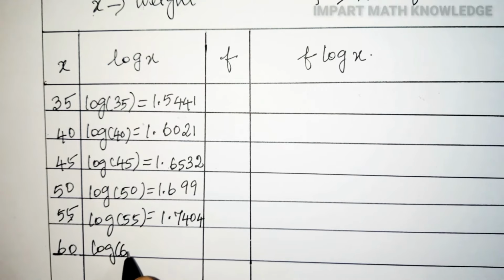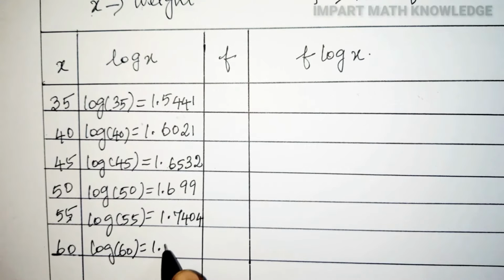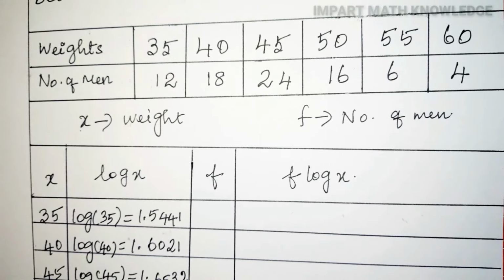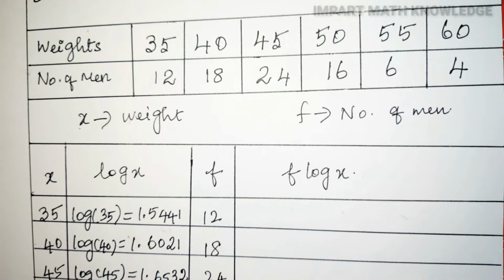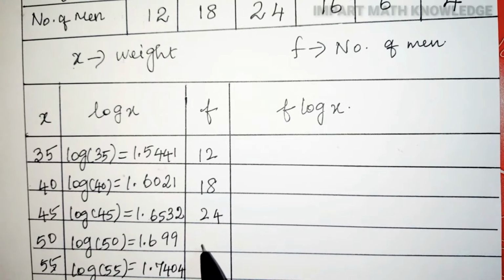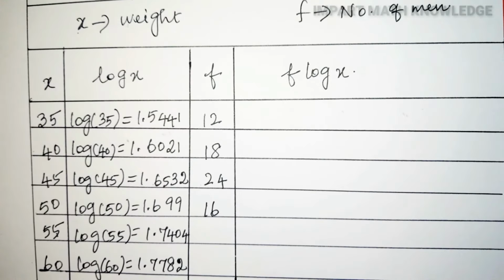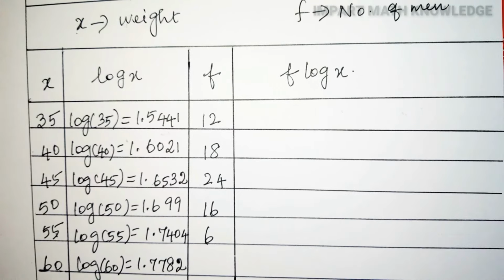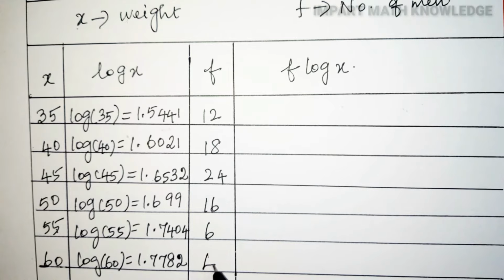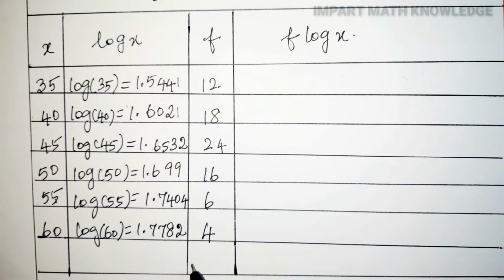Log 60 is equal to 1.7782. The frequencies are 12, 18, 24, 16, 6 and 4. The total frequency is 80.